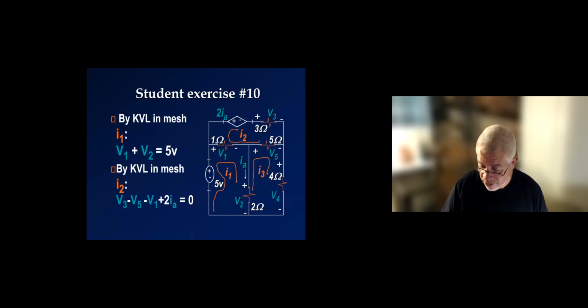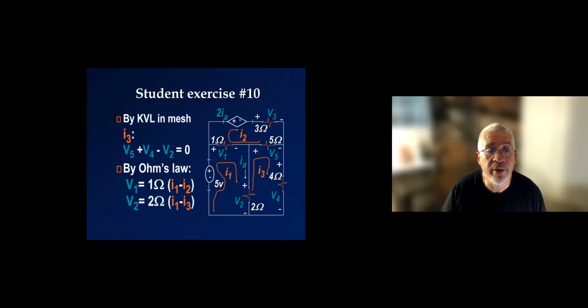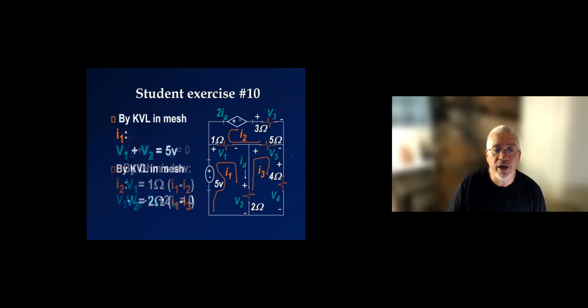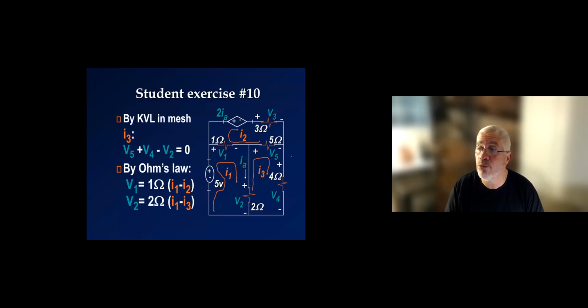I need one more KVL equation in mesh I3, and there it is: plus V5 plus V4 minus V2 equals 0. So these are my 3 KVL equations, for mesh I1, mesh I2, and mesh I3. Then we're going to go right to Ohm's law.